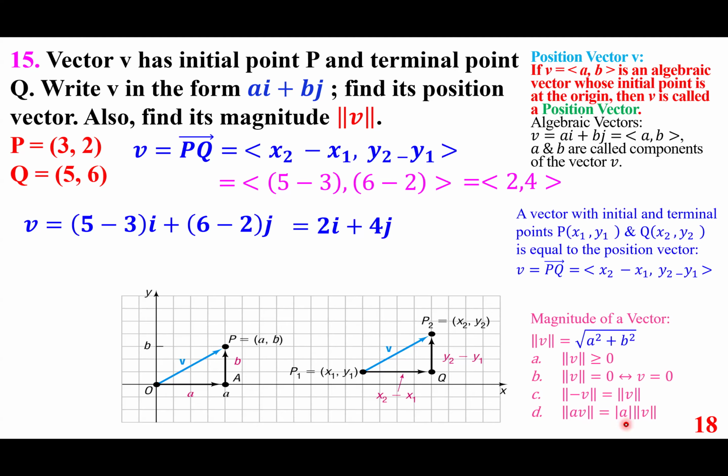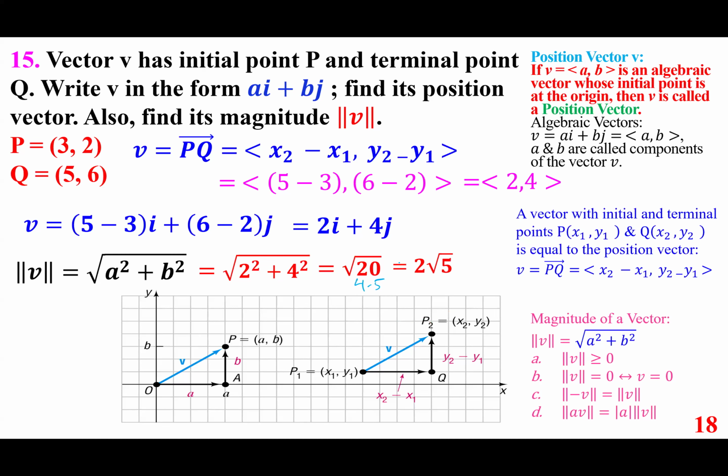Therefore, in this case, we're going to go with 2 squared plus 4 squared. This is 4. This is 16. They add up to 20. Four times 5. The 4 comes out as 2. And we are done.